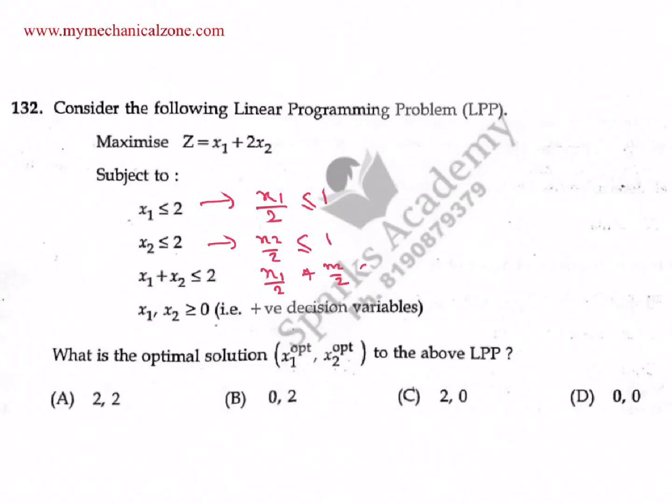So here x1 coordinate is 2, then x2 2, so draw the graph, x1 versus x2 graph.